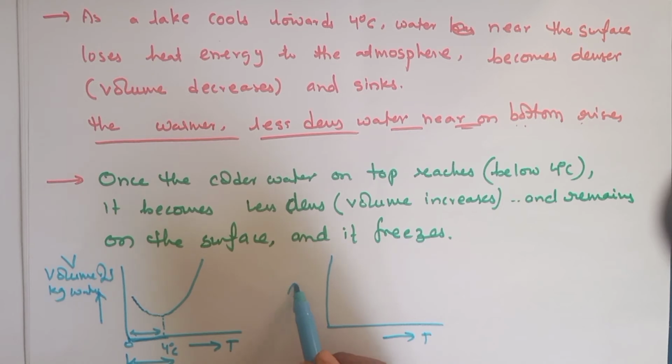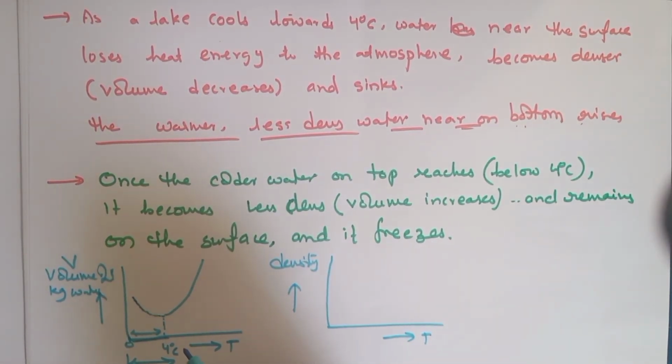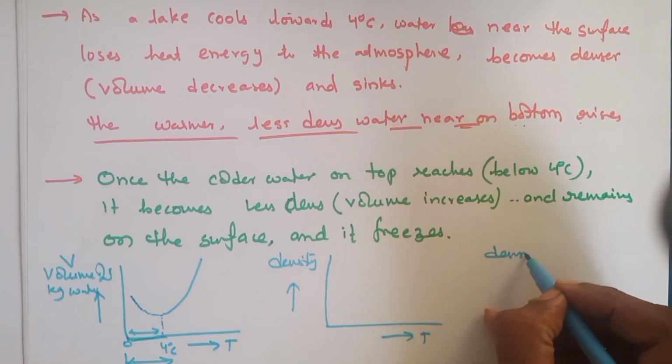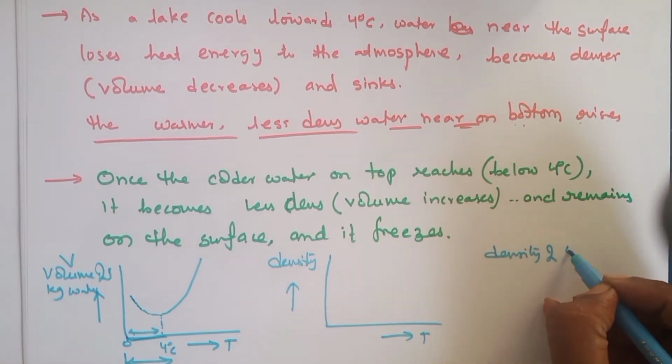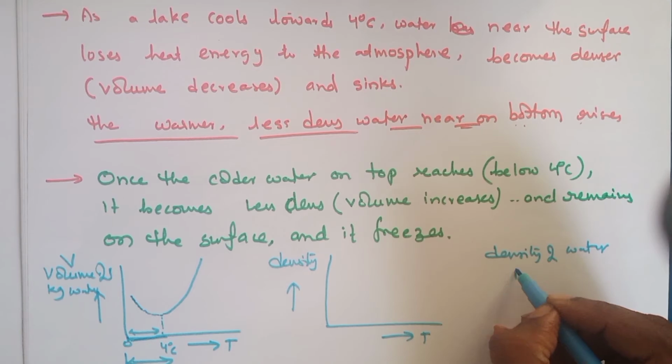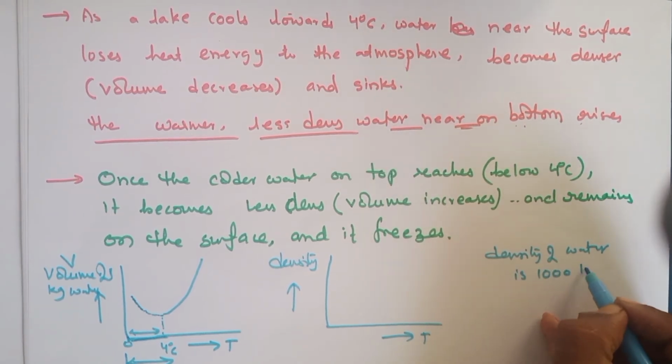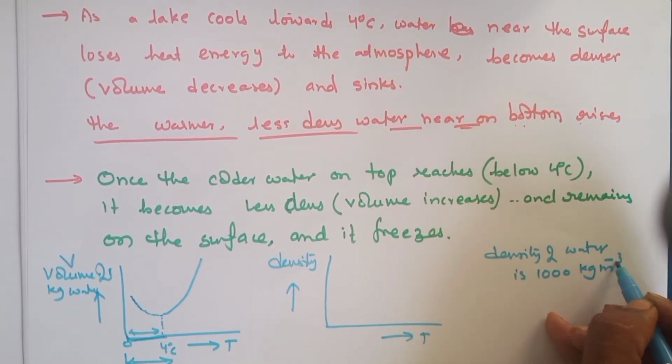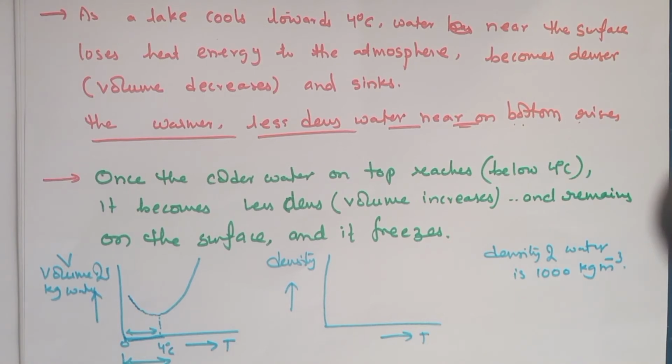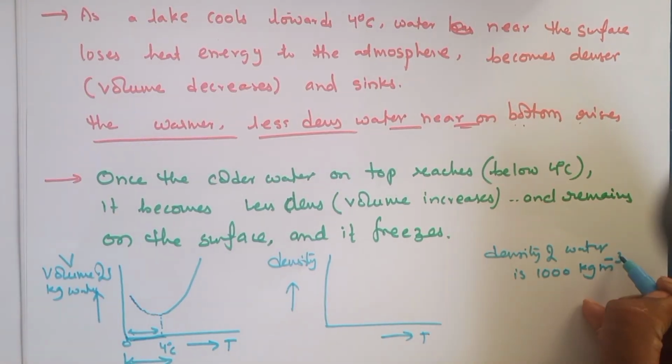Now contradict to this one, let us consider density versus temperature. What is the density of water actually? Normally density of water is 1000 kg per meter cube.